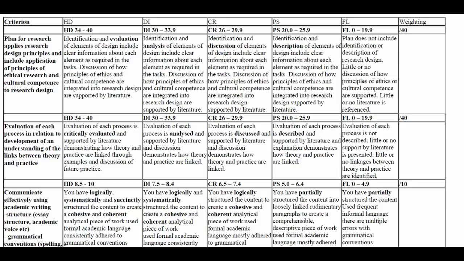The first criterion you're being asked to look at is plan for research: applying research design principles, including the principles of ethical research and cultural competence, to research design. So you're being asked to look at each of those areas in the table and decide how they would look in your particular research.